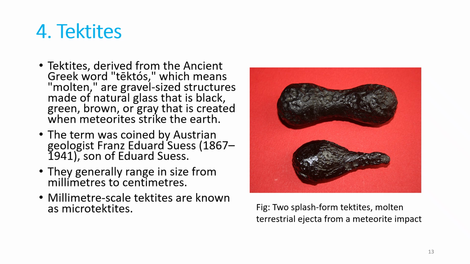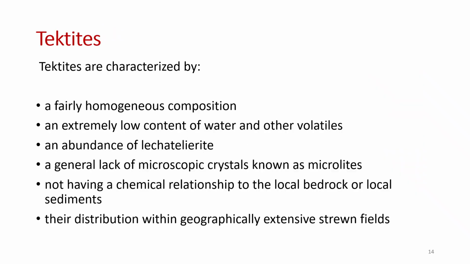In the figure, you can see two splash-form tektites. These are molten terrestrial ejecta from a meteorite impact. Tektites are characterized by a fairly homogeneous composition, an extremely low content of water and other volatiles, and an abundance of lechatelierite.